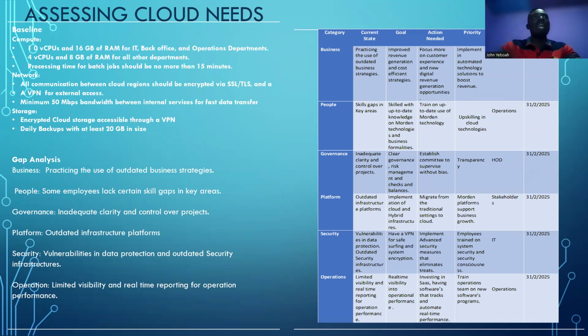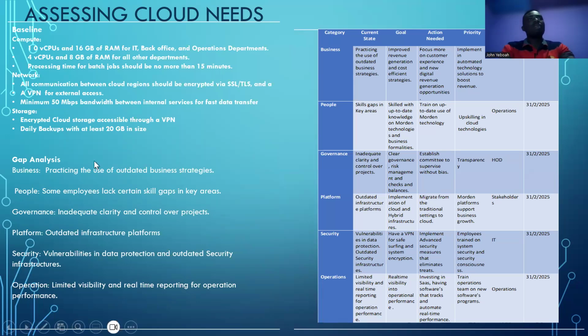And we are going to assess the cloud need. We look at the baseline, which is compute, network, and storage. We are going to look for an improved system for the organization. The gap analysis is to ensure that business, people, governance, platform, security, and operations have well-defined priorities that can help the business grow.